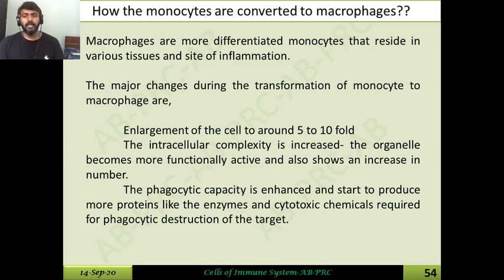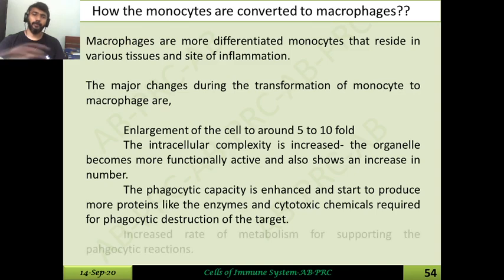So this capacity will be greatly enhanced during the transformation, and they also begin to synthesize more chemicals like enzymes and cytotoxic chemicals which are required for phagocytic activity, that means for the destruction of the target cell.